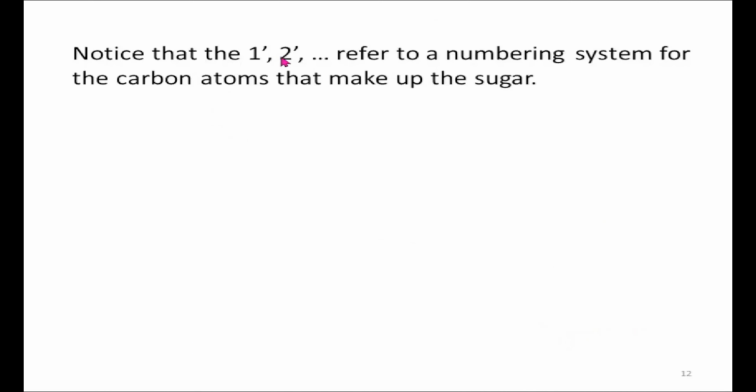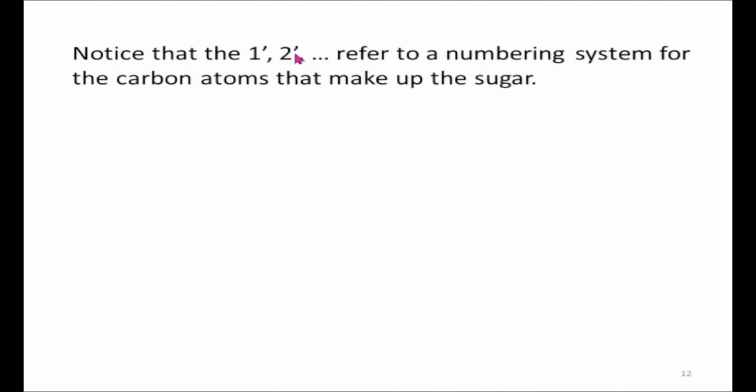Notice that 1 prime, 2 prime refers to a numbering system for the carbon atoms that make up the sugar. You shouldn't write 1, 2, 3, 4, but use 1 prime, 2 prime, 3 prime for numbering the carbon. This is to differentiate them from other atoms within the molecule.